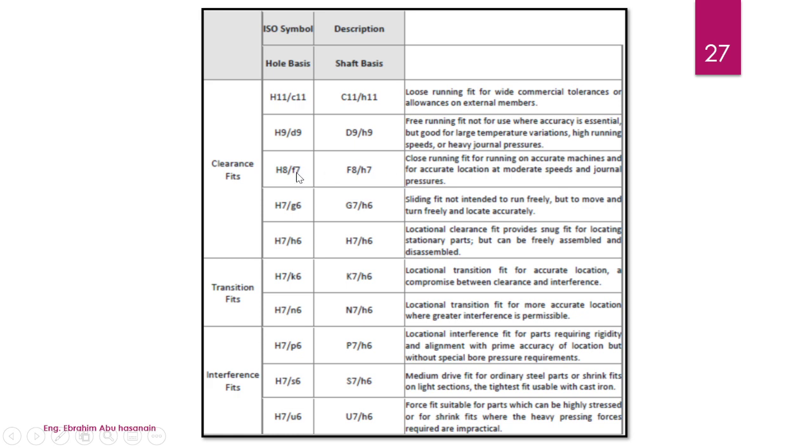For example, if we take H8/f7, here we have close running, for running on accurate machines, for accurate locations at moderate speeds and journal pressures. This is information for you when you start designing your senior or junior project.